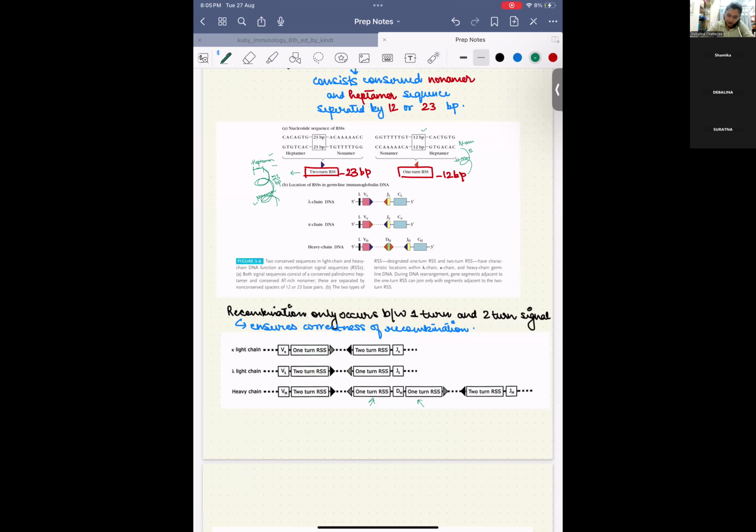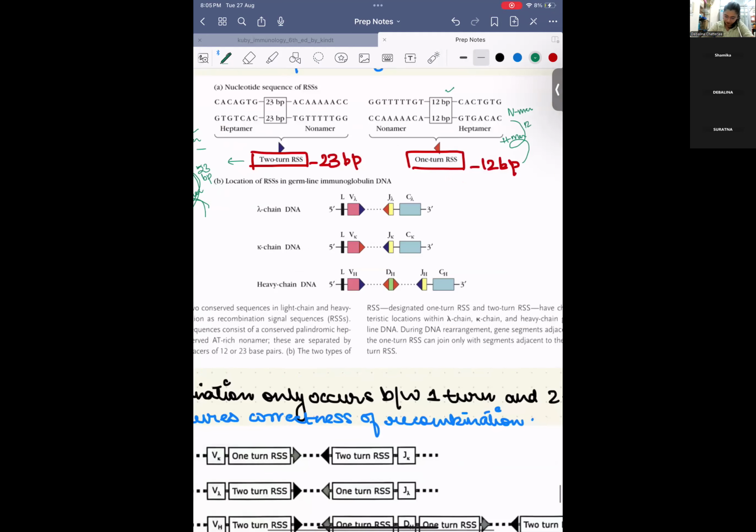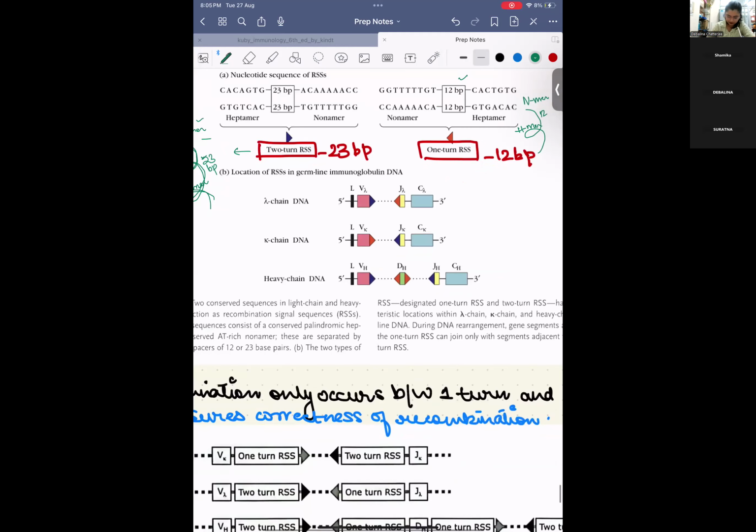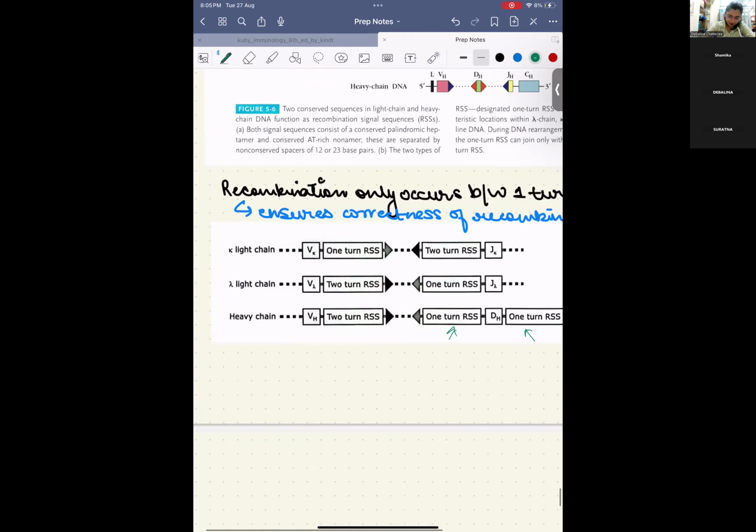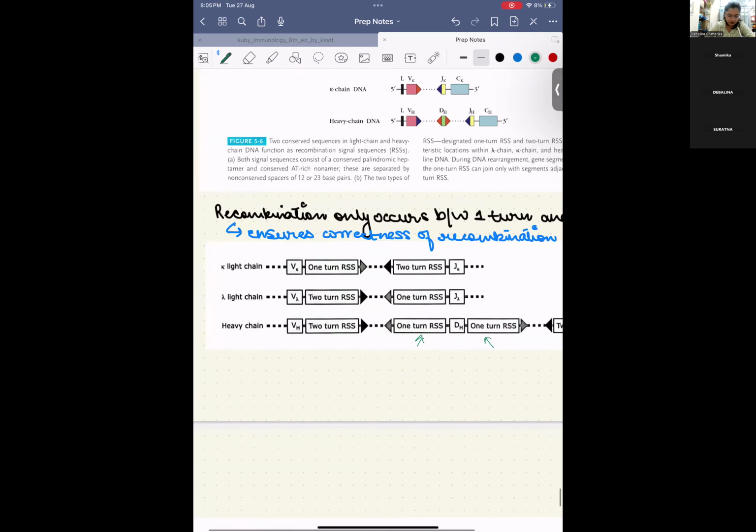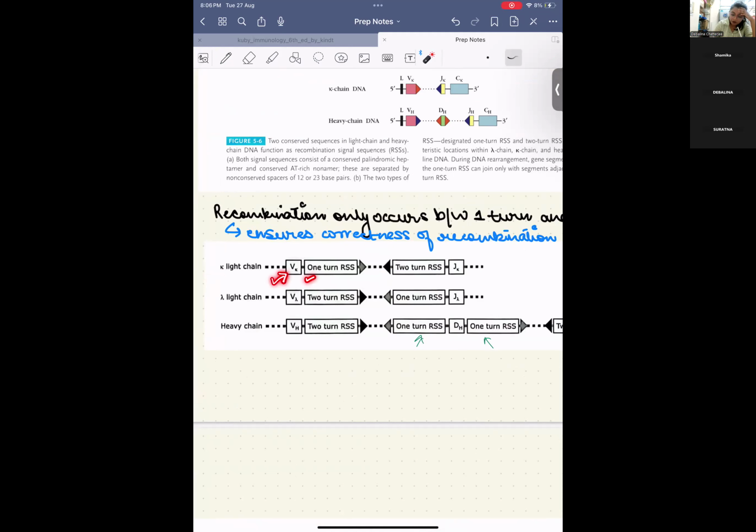Okay, over here, have a look at this. It's an example of the kappa light chain. In the kappa light chain, we have the variable region, downstream of which we have a one-turn RSS sequence, which means heptamer and nonamer sequences separated by 12 base pairs, right?